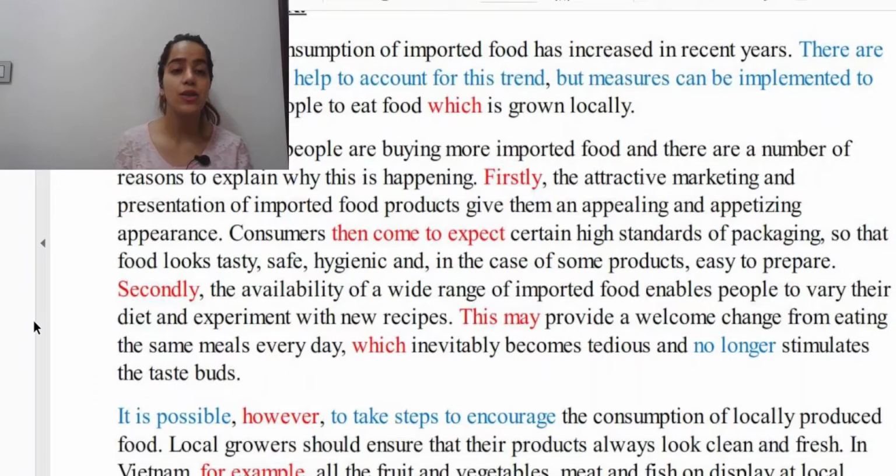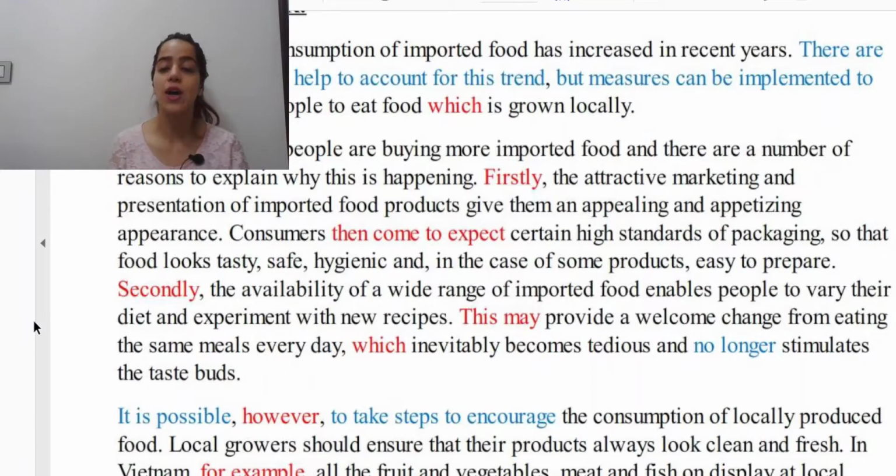There are some factors which help to account for this trend. I am talking about the first question, if you remember, the reasons. But measures can be implemented to encourage more people to eat food which is grown locally. So here we are referring to the second question and we are trying to give an answer to that. So it's a very nice and powerful introduction.